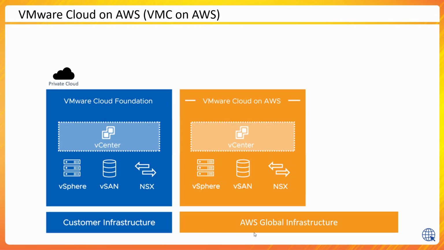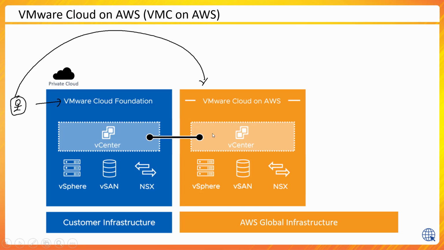So you use the same tools, processes, and skills you had to manage this environment, but now the physical components are being provided by the AWS Global Infrastructure, so your admins do not need to learn a new skill. Think of it as having extended your existing environment to VMware Cloud on AWS.